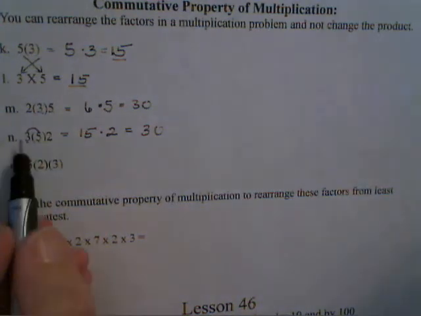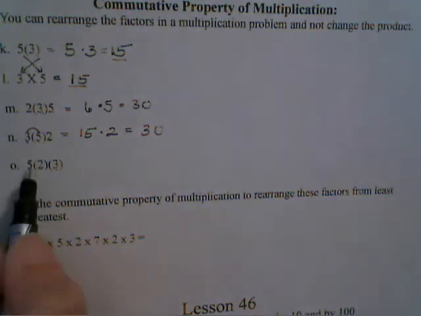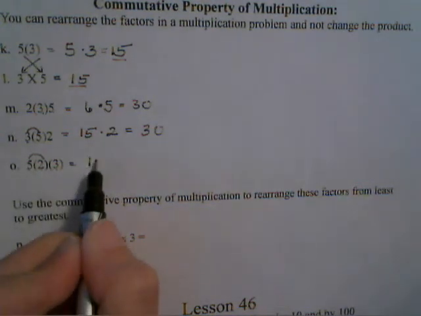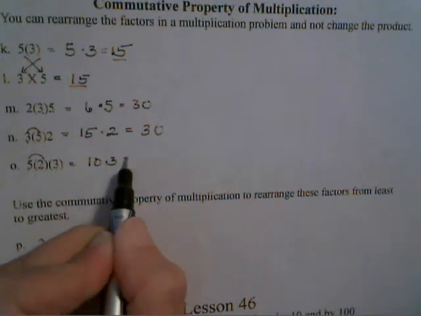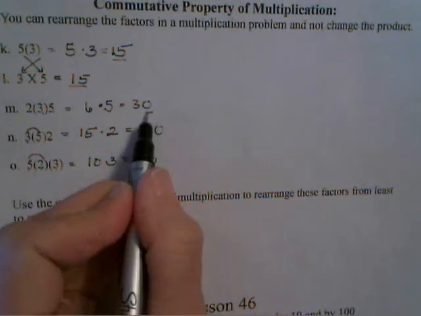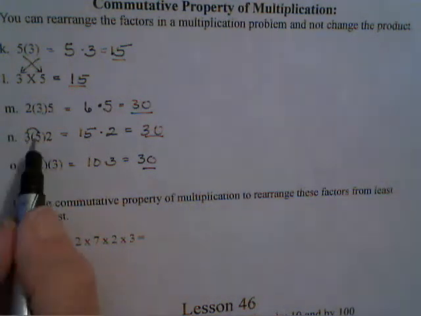Okay, same numbers, different order. But this time I do 5 times 2 first, which is 10, and multiply that by 3, and I get 30.